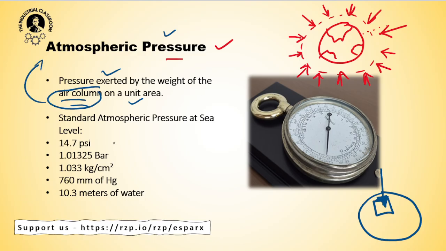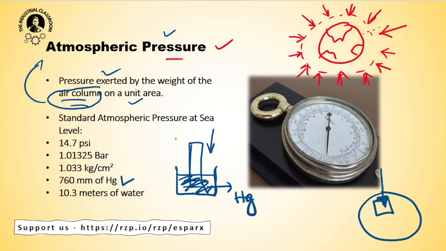Next, for basic measurement, we say that it is around 760 mm of Hg. If you put an inverted glass tube here, and here I have put a bulb or perhaps a beaker, filled with mercury, to know the atmospheric pressure. Mercury is a liquid at room temperature.